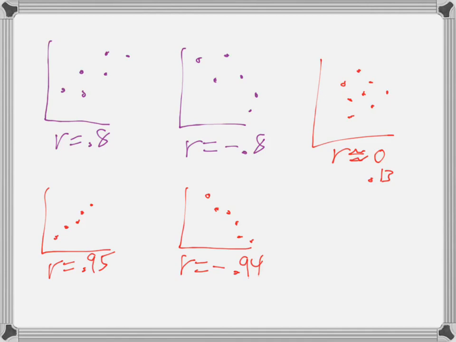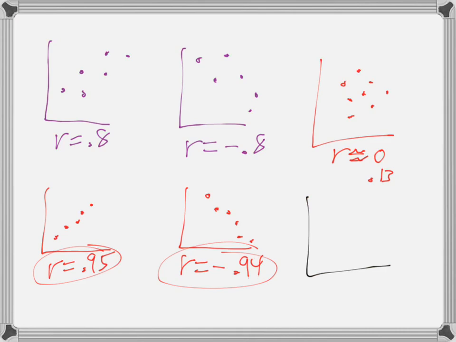Is that making sense on the R? The more they are in a tight line, the closer your R is to positive or negative 1. So R is not the slope, but R tells you how much they fit a line. Now, I remember my colleague used to always do this, and this was a good idea. He had a graph.